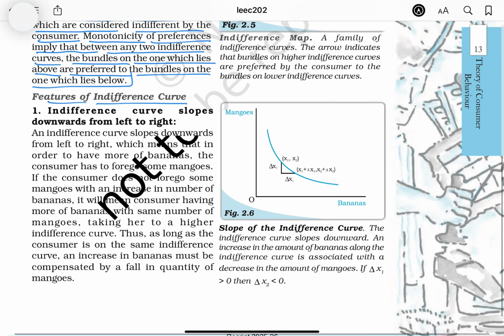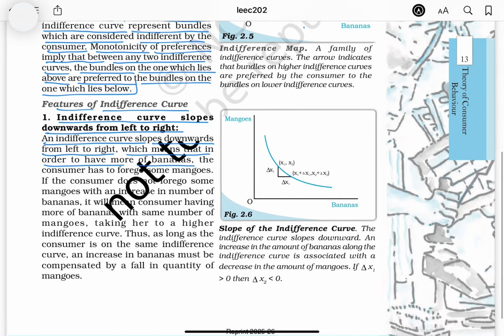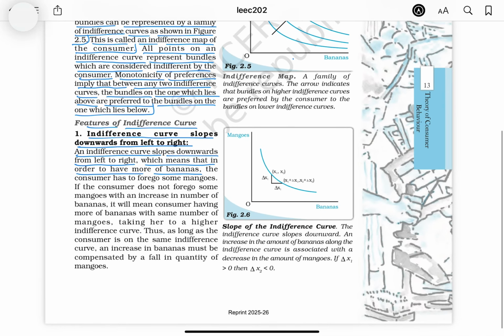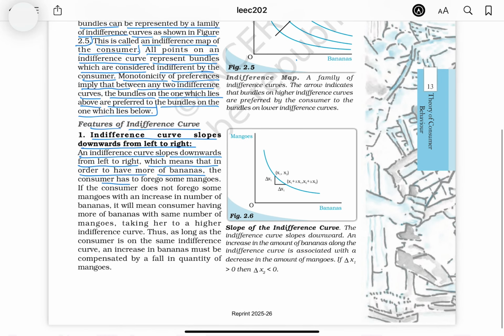Features of indifference curve. Indifference curve slopes downward from left to right. An indifference curve slopes downwards from left to right, which means that in order to have more of bananas, the consumer has to forego some mangoes.